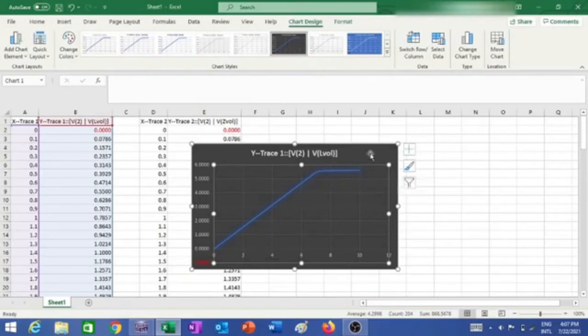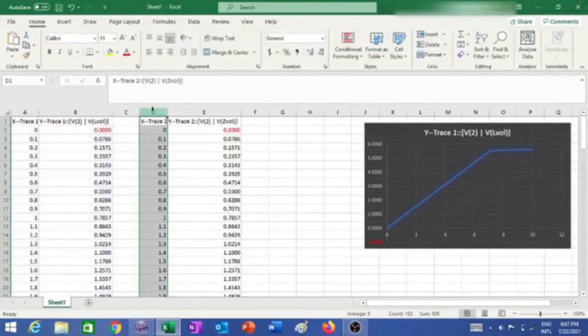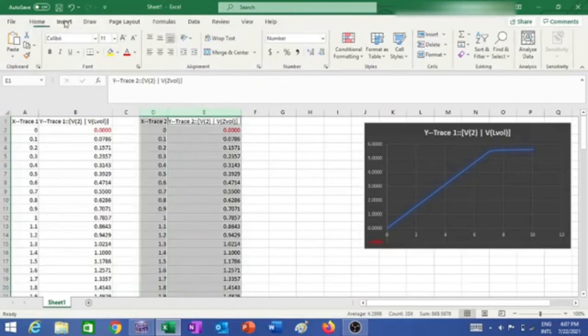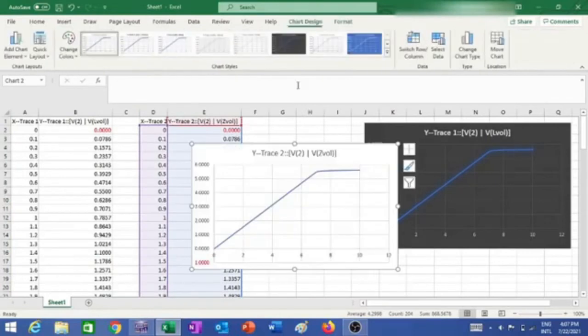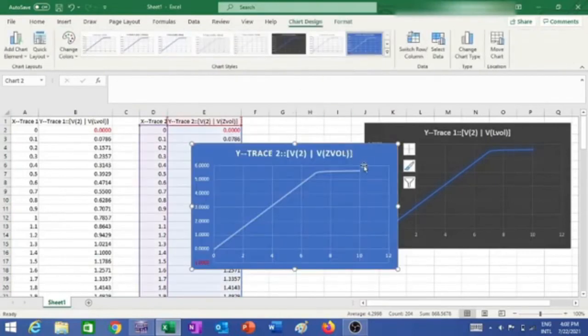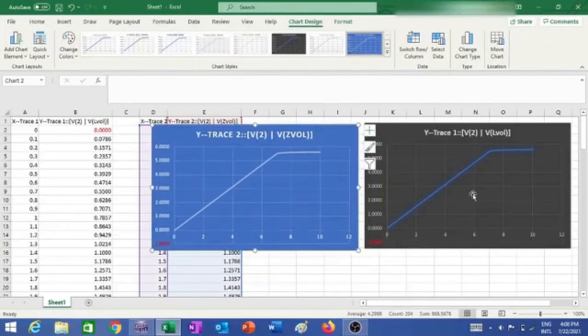We can see this clearly on this graph. Let me put it aside, and then let me draw the graph for this Zener one. If it is coming the same, then it is following the Zener part. Yes, you can see it is following the Zener part. So this is my Zener, and this is my output voltage, exactly the same.